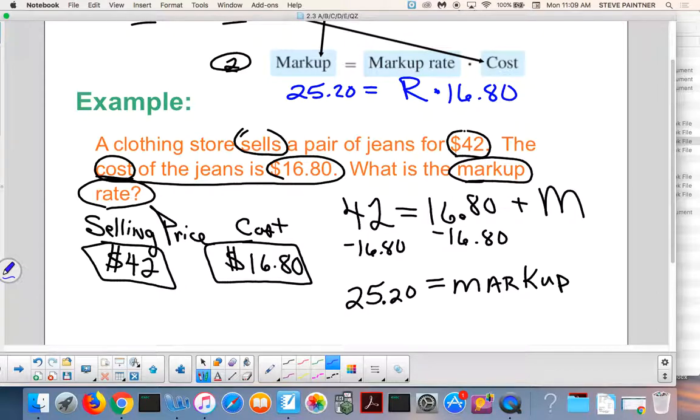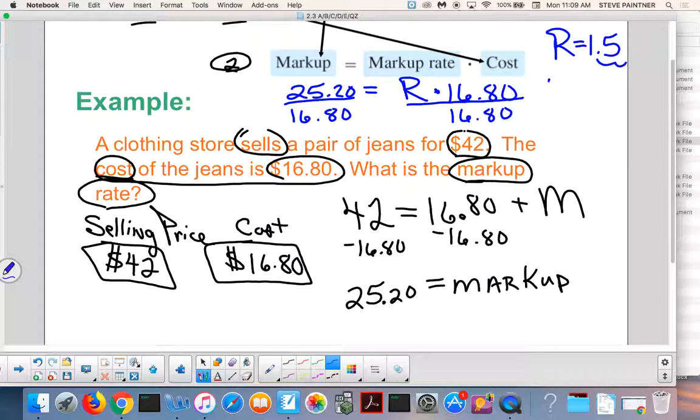What do you do? Divide by 16.80, right? Divide by 16.80. And you're getting R equal what? 1.5. Okay, so is the answer 1.5%? No. You move the decimal over once, twice.